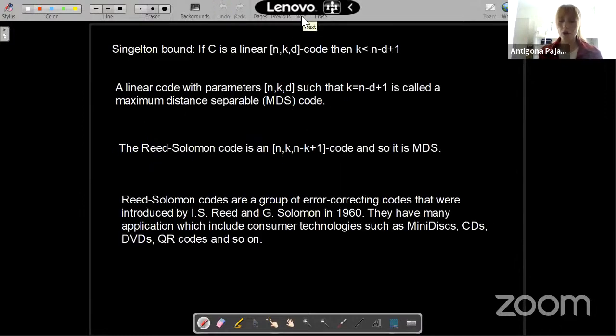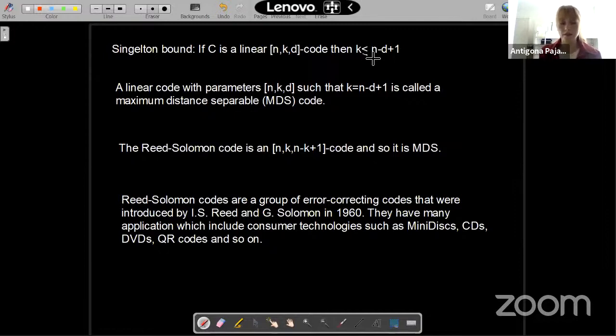So we're always trying to find the code with the minimum distance. There is this bound called the Singleton bound, which answers the question: given the distance, can we find a code that is perfect for what they're trying to accomplish?